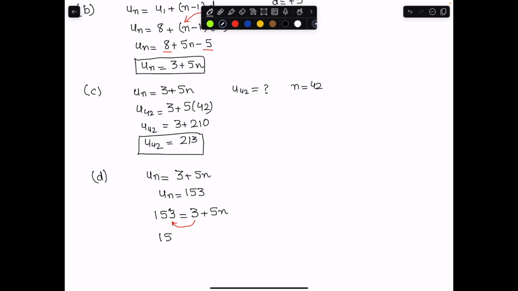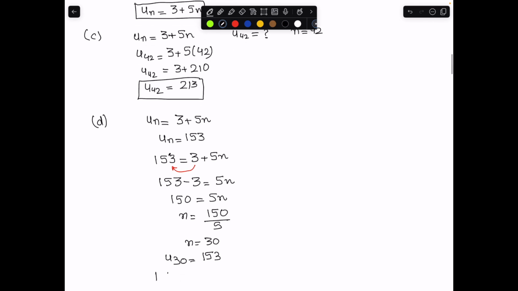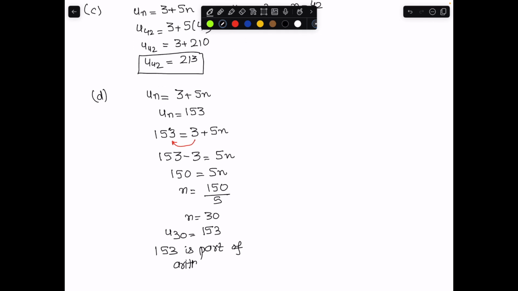So this will be 153 minus 3 equals 5n. So 150 equals 5n, and n is simply 150 over 5, which is 30, which means that my 30th term is 153. So 153 is part of the arithmetic sequence.